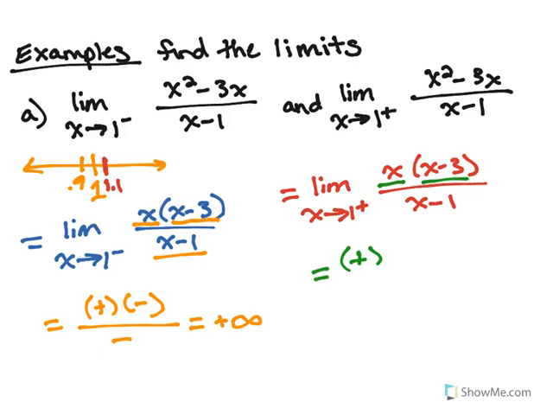If I plug 1.1 into the x minus 3, negative number. If I plug it into the denominator, we get a positive. So this one, positive times a negative divided by a positive, would be a negative number. It's going to negative infinity.